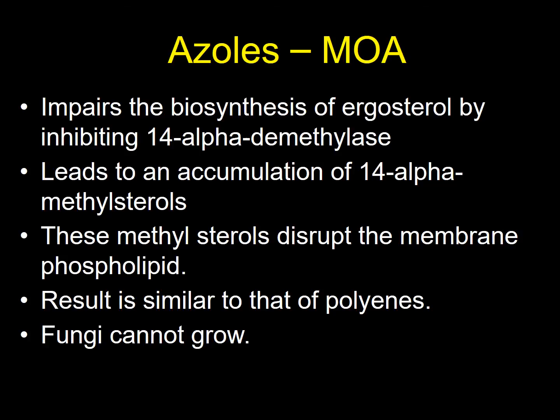With the azole antifungals, which again are the ones you will most commonly use, the patient just can't make it. This slide gives you a little more detail than you probably need on the accumulation of 14-alpha methylsterols. But the bottom line is it blocks the synthesis of ergosterol, and so if the fungus can't make new membranes, it can't grow.